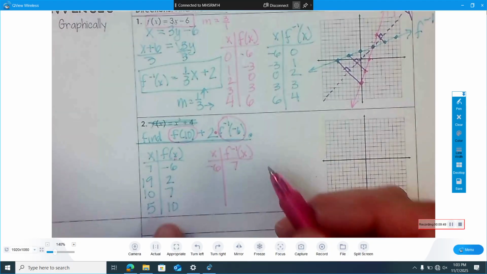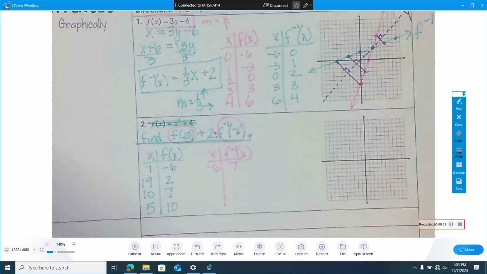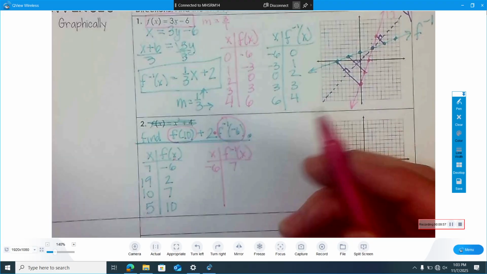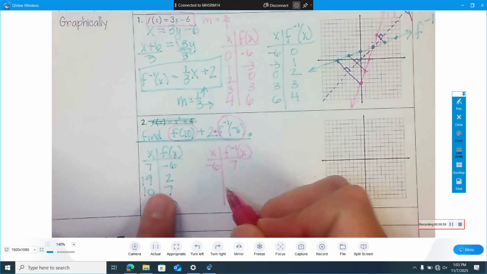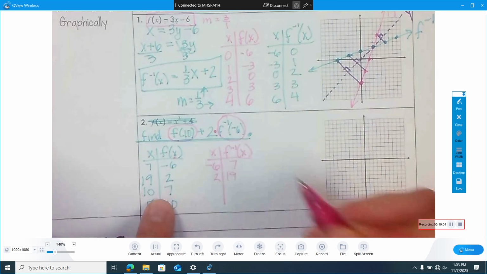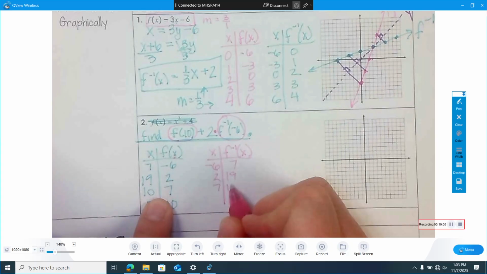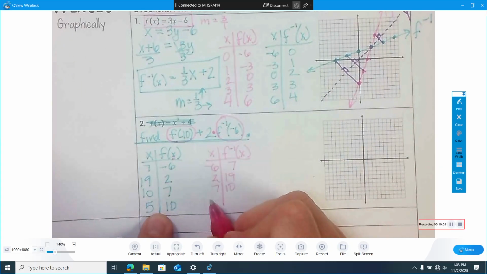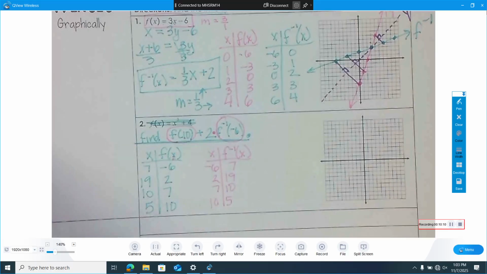Just trade places. We're Eddie Murphy here. Trading places. Anybody? Okay, all right, I'll show my age. So (7, -6) becomes (-6, 7), (19, 2) becomes (2, 19), (10, 7) becomes (7, 10), and (5, 10) becomes (10, 5). If we have a function, we can do the inverse pretty easily, right?